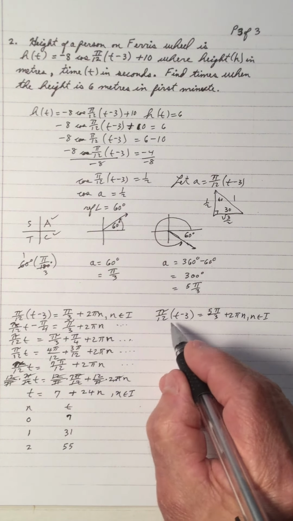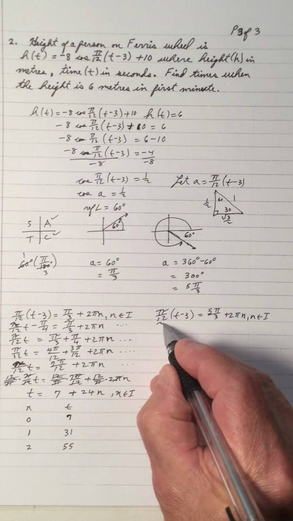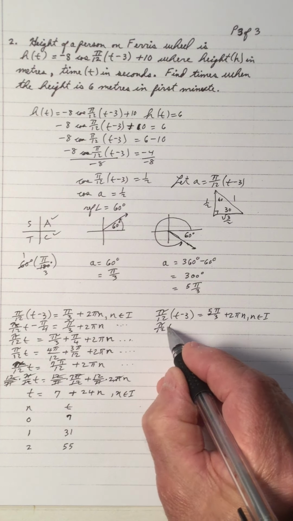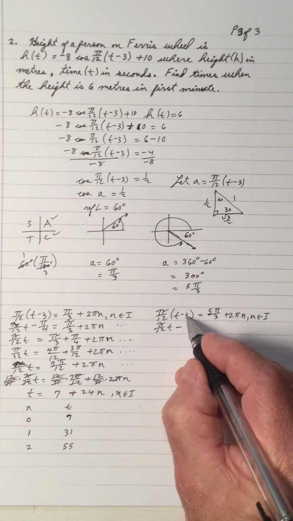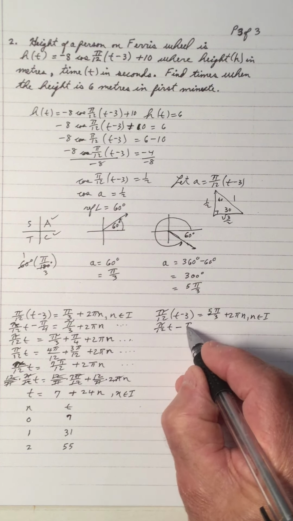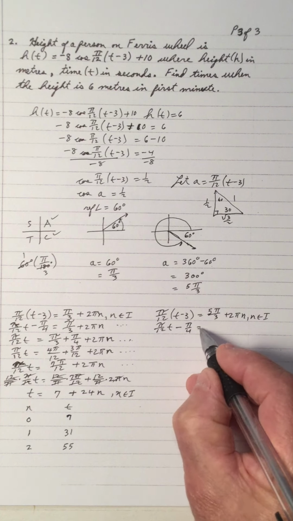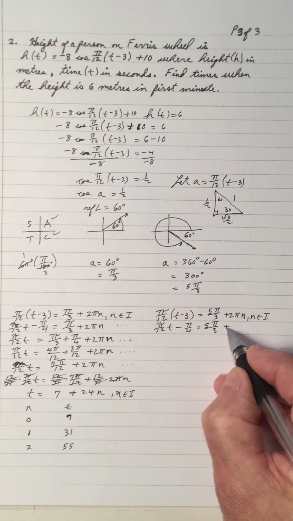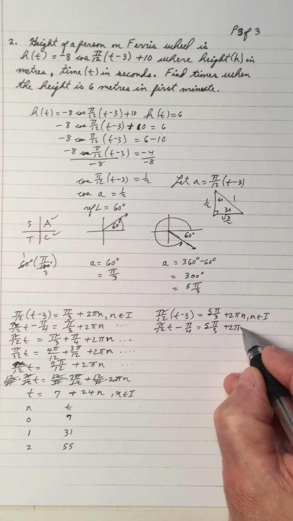And we work this one through, so we get pi over 12 times t plus 3 times pi over 12 is pi over 4, equals 5 pi over 3 plus 2 pi n.